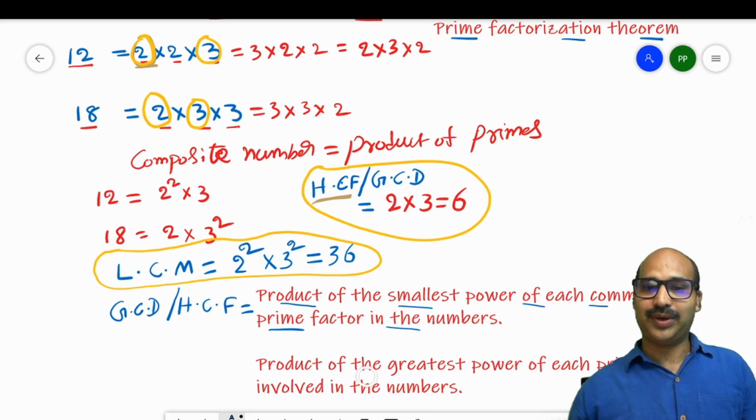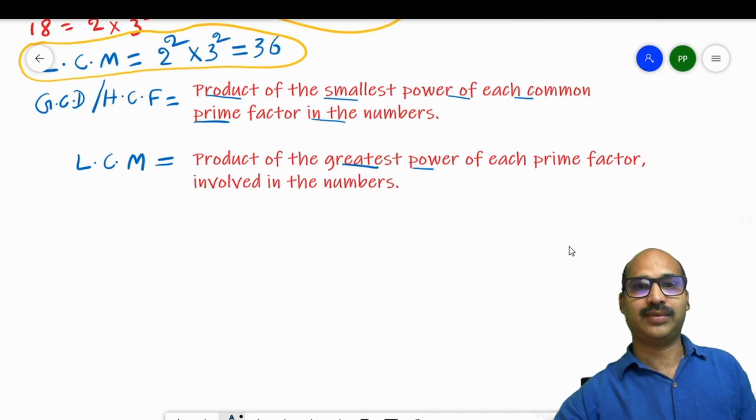And the product of the greatest power of each prime factor involved in the numbers is equal to LCM.